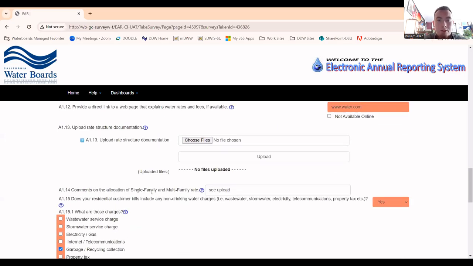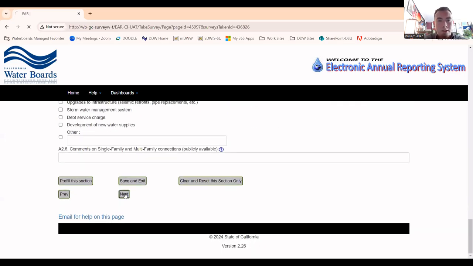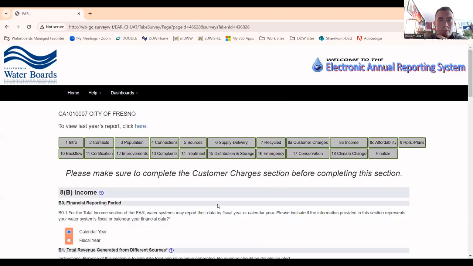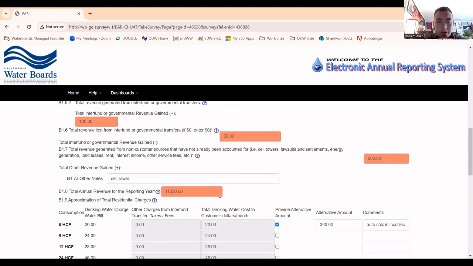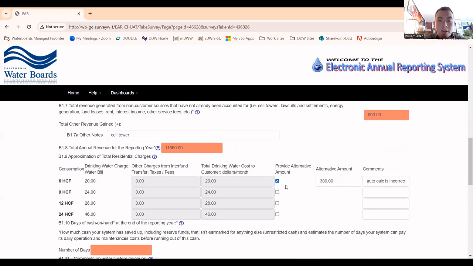Okay, I believe that's a problem, because 600 cubic feet, I just googled it, is about 4,500 gallons. So our quick example might be a little bit too high.